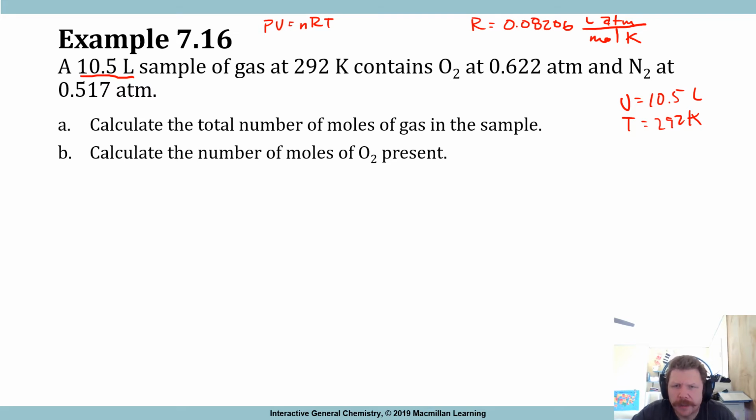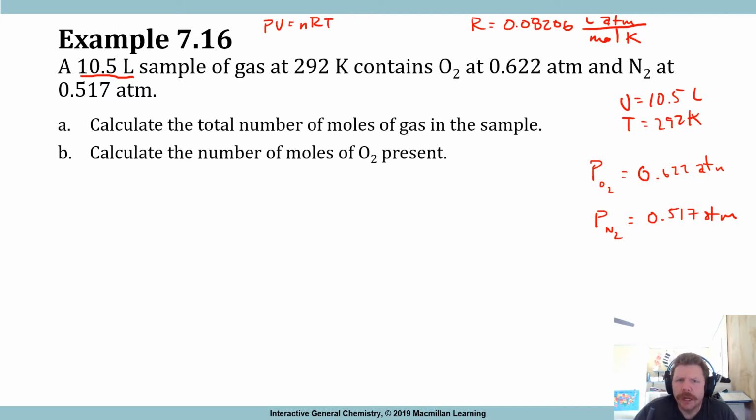This contains P sub O2 equal to 0.622 atmospheres and N2 at 0.517 atmospheres. P sub N2 is equal to 0.517 atmospheres.